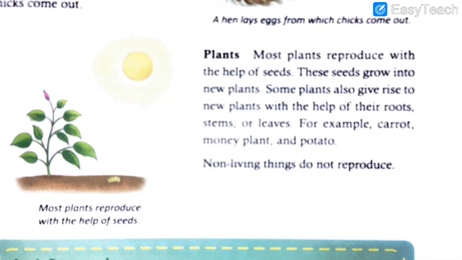So examples are also given: carrot, money plant and potato. You can even sow seeds and grow plants, or you can buy a new or a small plant from the nursery, which is the shop for plants, flowers and different trees. So there are different ways to grow plants.